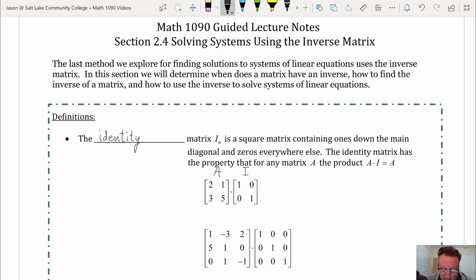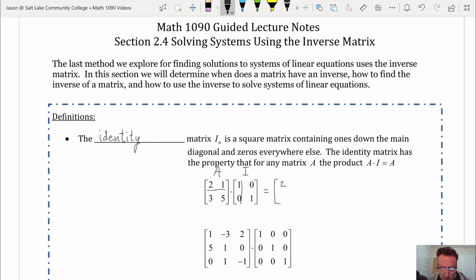Okay, now notice if we do this multiplication out, recall how we multiply. I take this row times this column, pairing up numbers. 2 times 1 plus 1 times 0 gives me 2, of course.